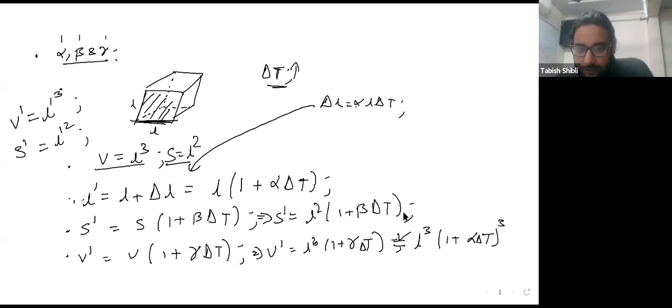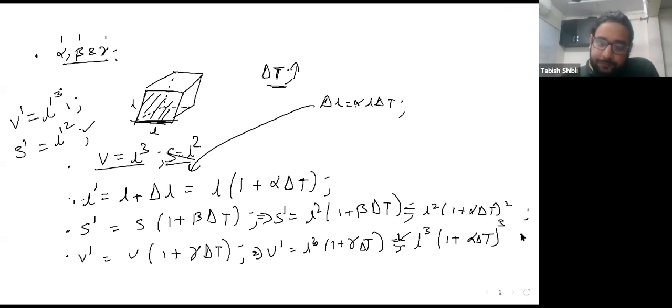And similarly this should be equal to, from here, L square (1 + alpha delta T) whole square. Okay, now we can see in this equation that L square cancels, and in this equation L cube cancels, right? So we now have these two equations. Let's take these two equations and try to simplify them. Let's call this equation 1 and this equation 2.